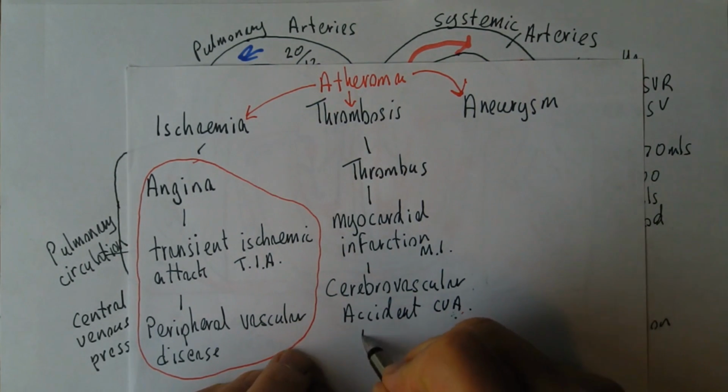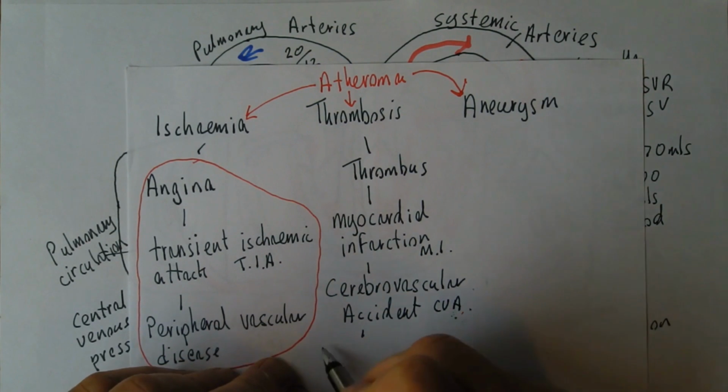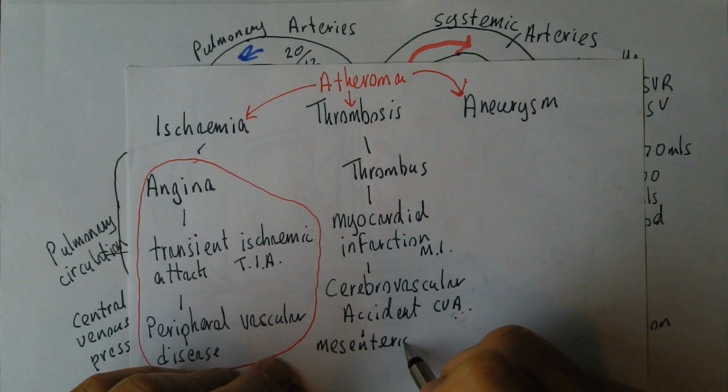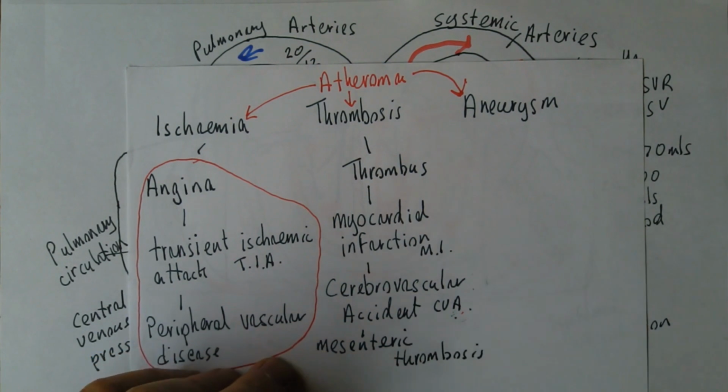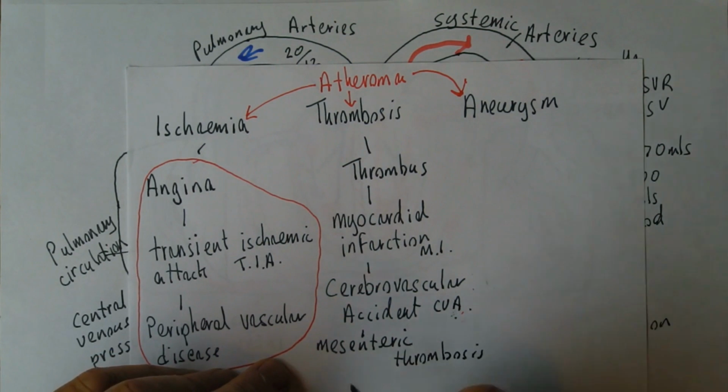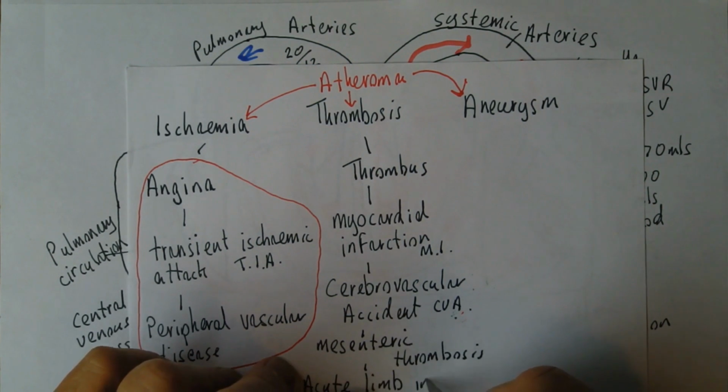Or it could occur in the mesenteric vessels affecting the gut, resulting in an area of the gastrointestinal tract which loses its blood supply. Or it could affect the limb, acute limb ischemia, or actually infarction.